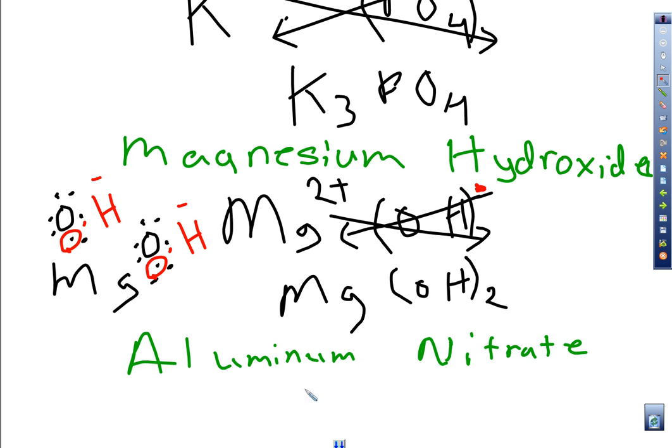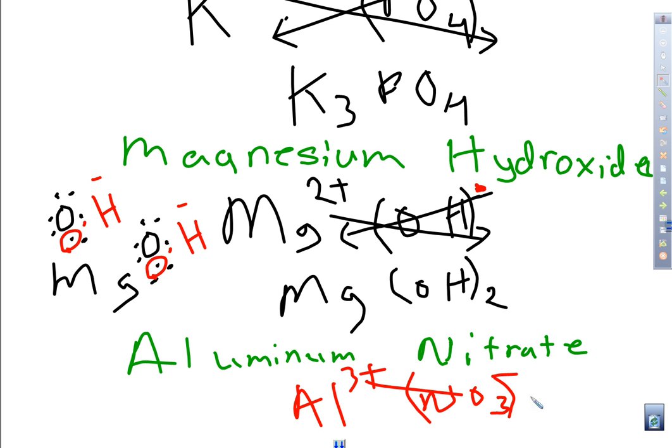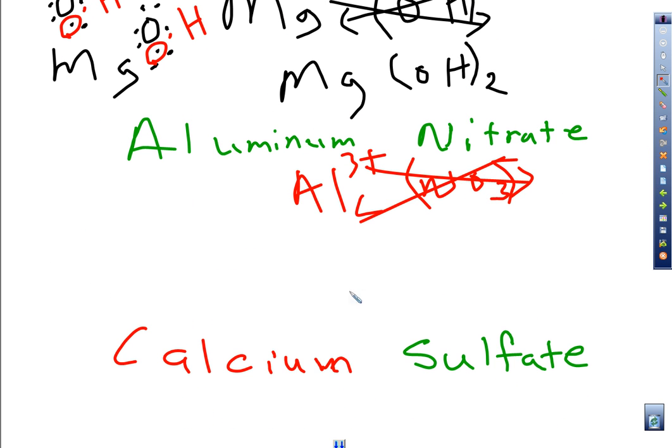Alright, aluminum nitrate, that's Al, and that's 3+, and nitrate is NO3-. So we put our parentheses around that. 3 comes down over here, -1 comes down over here. So then that becomes Al(NO3)3.